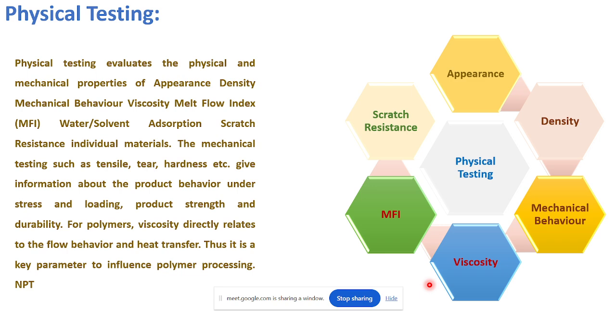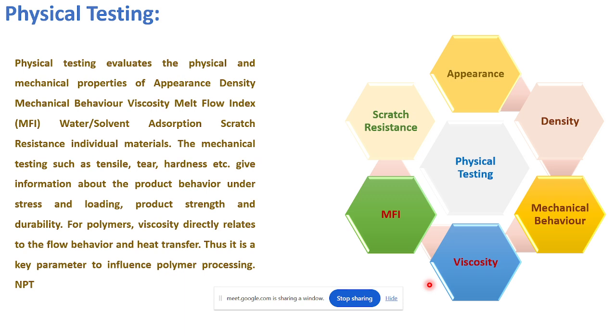From there you can predict when it will be used or when it will be processed, how much energy it will consume. Because you may know that if a material is too viscous or too elastic, the material behavior during processing will be different, and accordingly you have to set different processing parameters.